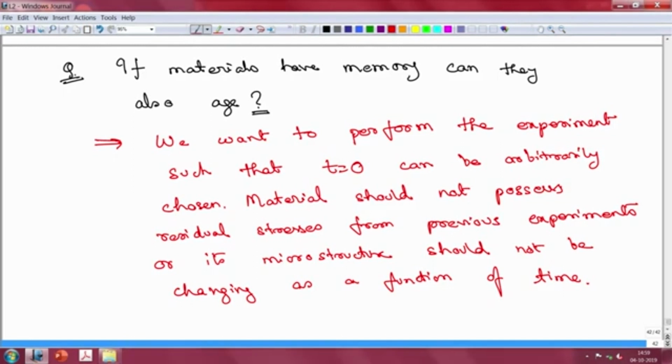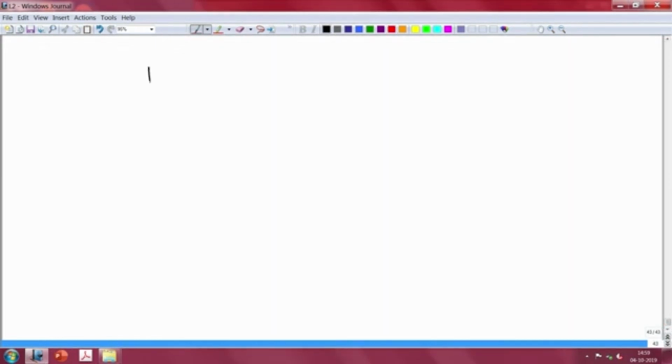So, what you can do simply, and we will discuss this, let us say you are in the lab. I am just going to make my life simple here. Let us say this is sigma, this is the time axis, and this is epsilon. You apply a step stress test at some time, maybe when you enter the lab, and you measure your strain value and you get a curve like this.